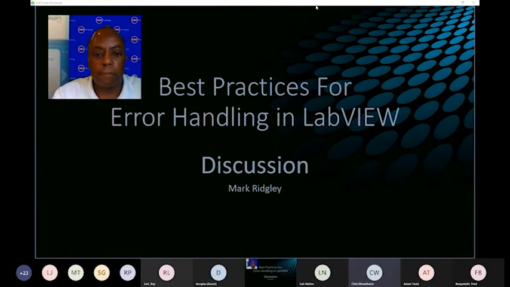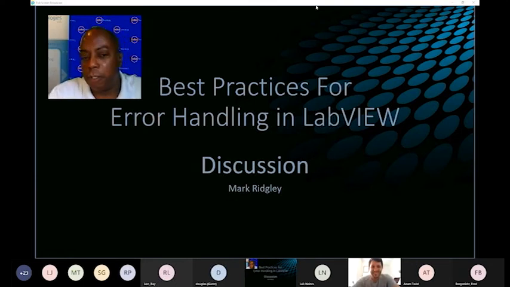I've got a question for you. What error handling did you use on your LabVIEW 3 first application? On my first application, I was very simplified. I did understand the importance of the error cluster, so I did pass that through everything, but I was not really doing logging at that time.